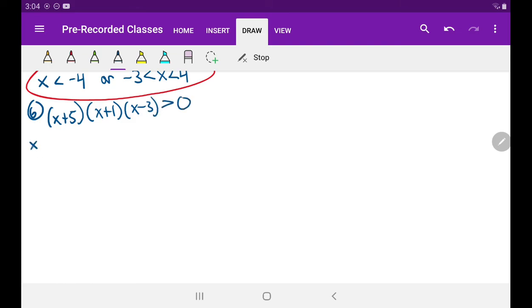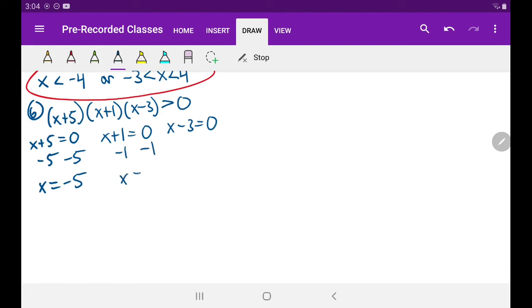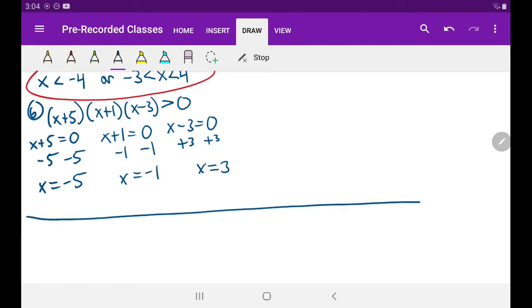So if we take each factor, set it equal to 0, and now we're going to solve. So minus 5, x is negative 5, minus 1, x is negative 1, add 3, x is 3. And then we'll go ahead and plot all of these on our number line. So I have negative 5, negative 1, and 3, okay?